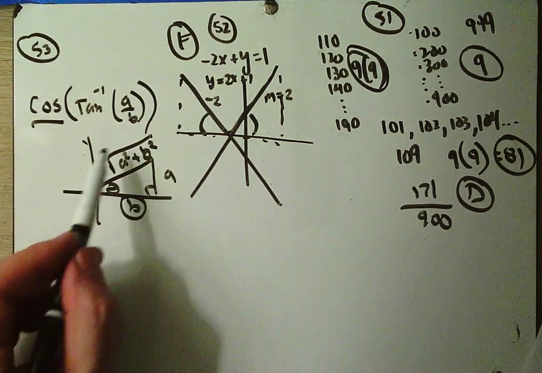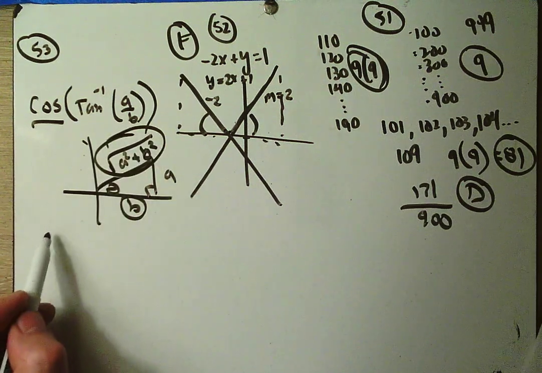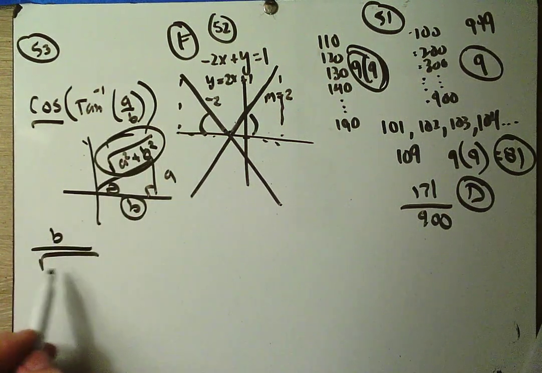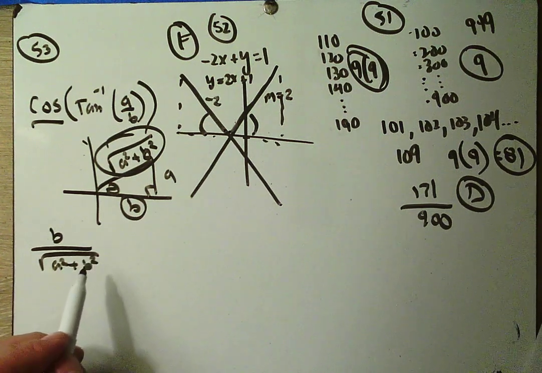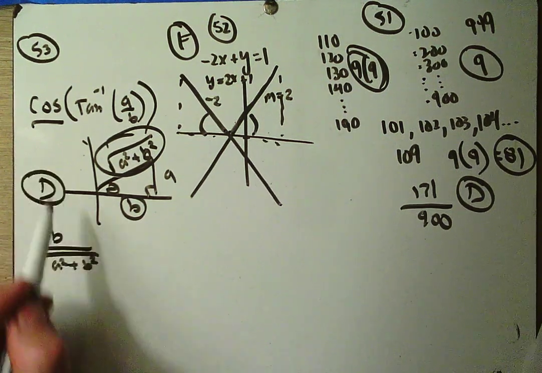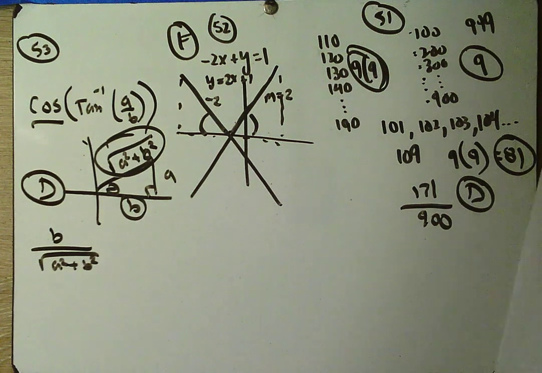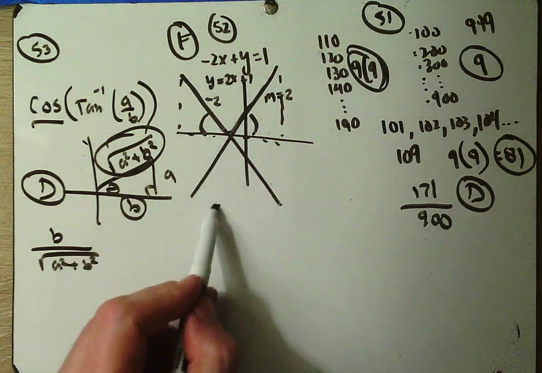We know cosine is adjacent over hypotenuse. So we would have b over square root of a squared plus b squared. And that's choice D for number 53. So glad the trig students did that problem in section 4.7 in the last chapter.